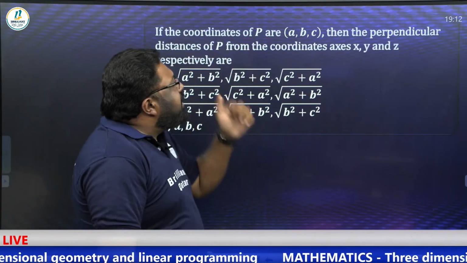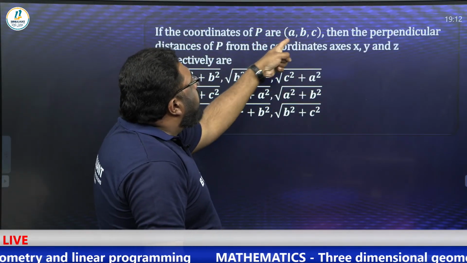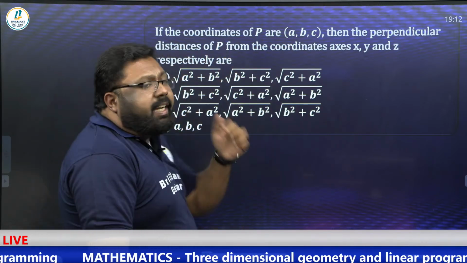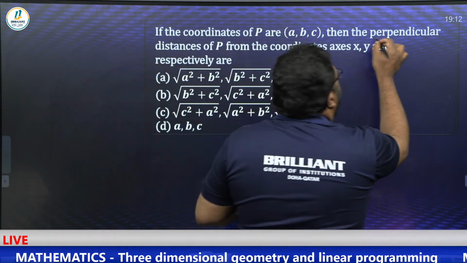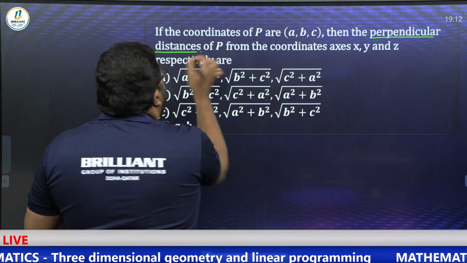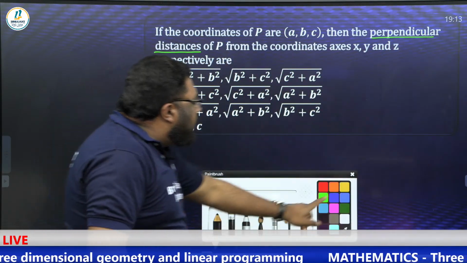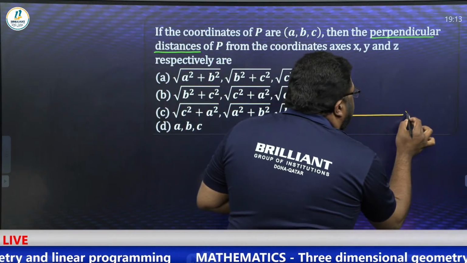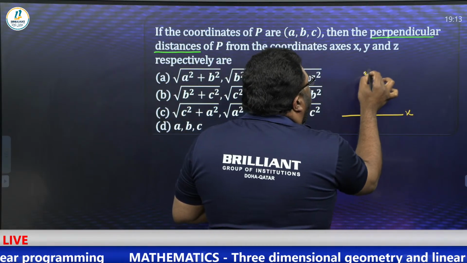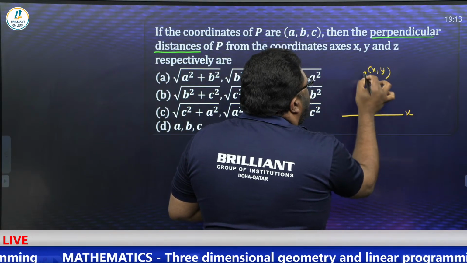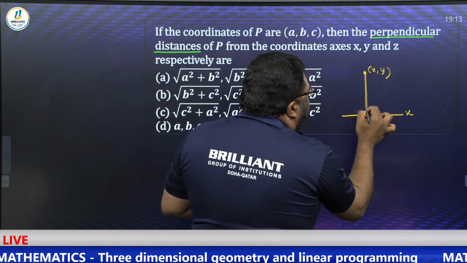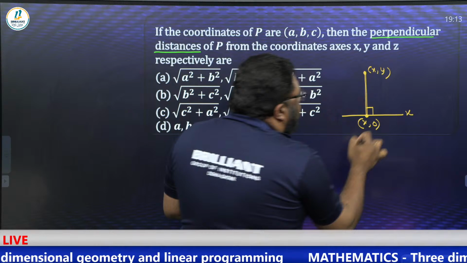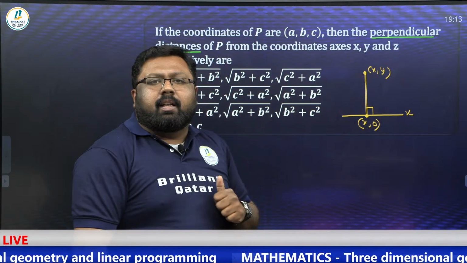They want you to measure the distance from the point A, B, C to the points on the coordinate axis. Perpendicular distance, my dears. Perpendicular distance. So, I will tell you the logic very simple in 2D geometry. If this is x-axis and I mark a point x comma y here, definitely the distance from this to a point on x-axis is measured between x, y and x, 0.